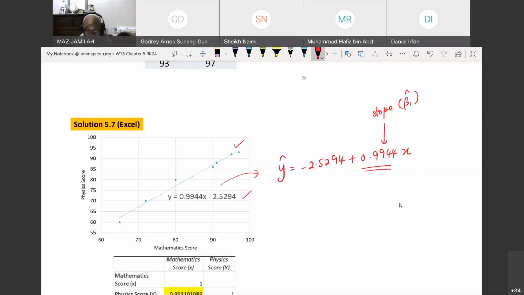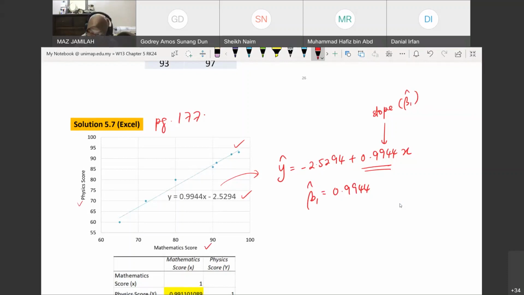You can find it on page 177. But since you're using Excel, you need to know how to interpret your beta value. So you need to interpret your beta 1, which is equal to 0.9944. What does 0.9944 mean in this particular equation? We are talking about mathematics 4 and physics 4.